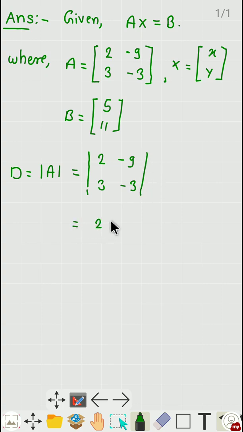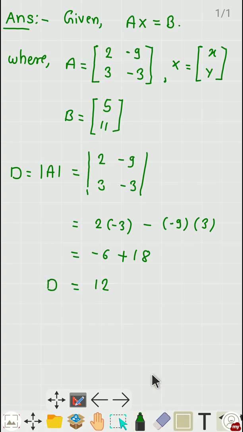It is 2 into minus 3 minus 9 into 3, so the value is minus 6 plus 18, and it is equal to 12. So D is equal to 12.